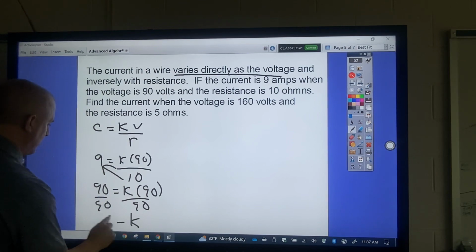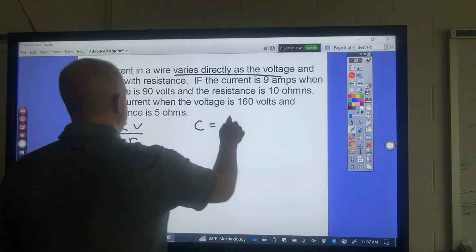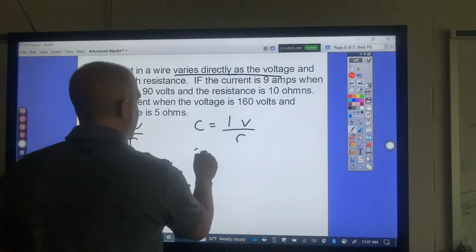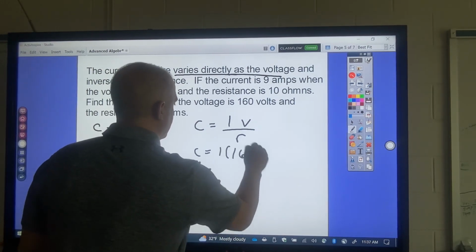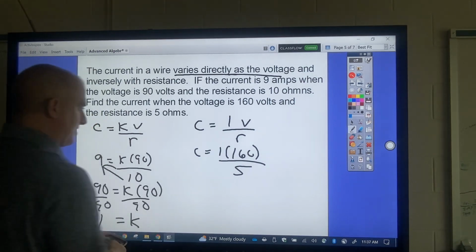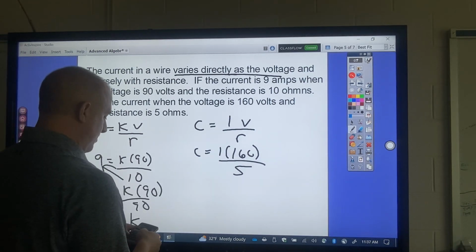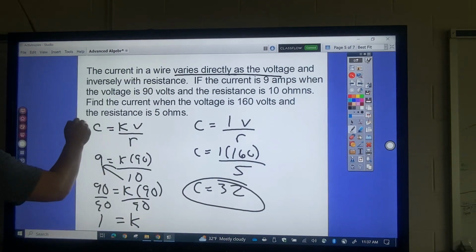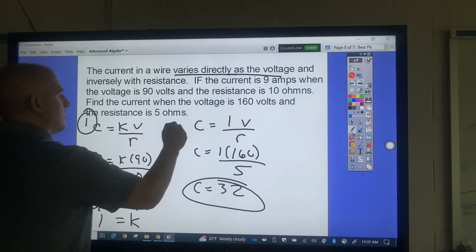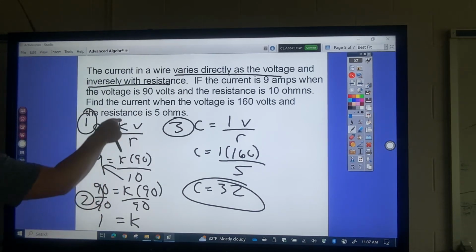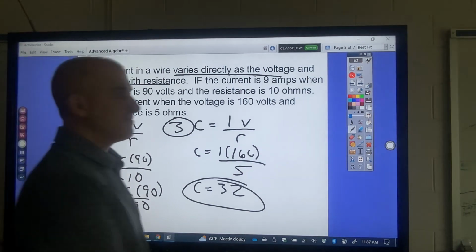I get k equals 1, and I rewrite this. Then it says find the current when the voltage is 160 and the resistance is 5. Well, 1 times 160 is 160, and 160 divided by 5 is 32. So it's the same deal: 1, 2, 3. The varies inversely tells us to put the R underneath.